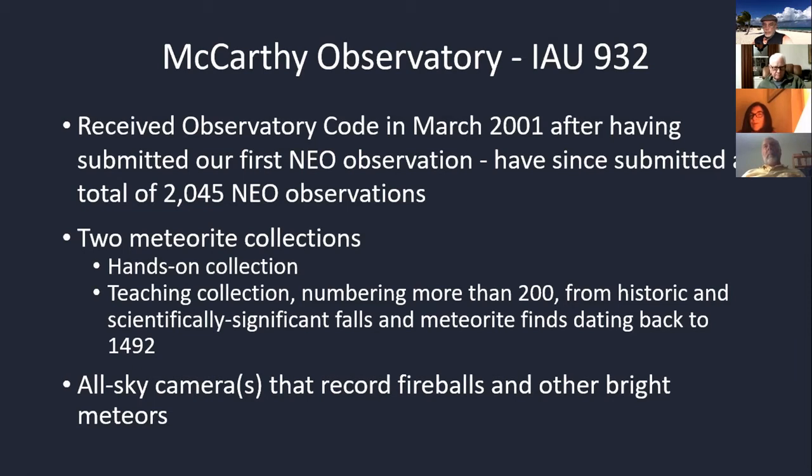They need these observations to refine the orbit and refine the potential for some kind of interaction with the Earth. So since March of 2001, when we received our observatory code, and that's a process you go through to become certified with the Minor Planet Center so that they know that you have a certain pedigree to your observations, we have submitted over 2,000 observations of near-Earth objects.